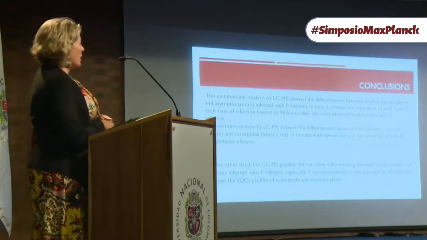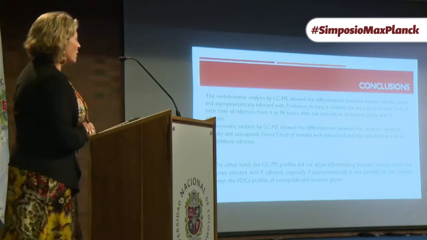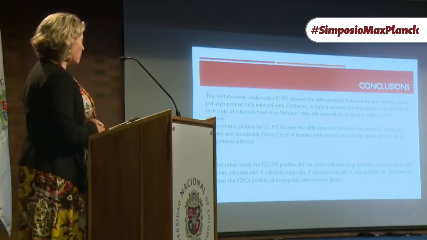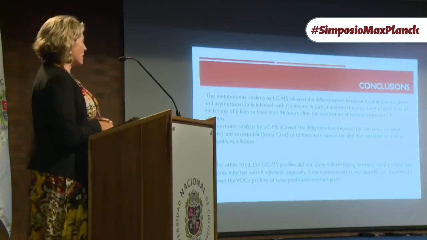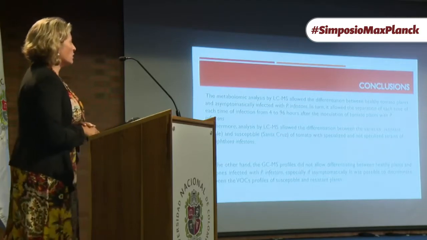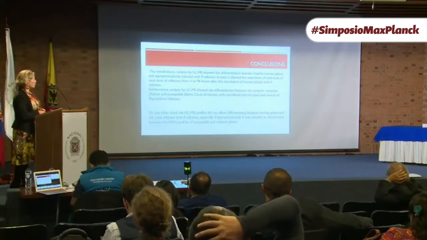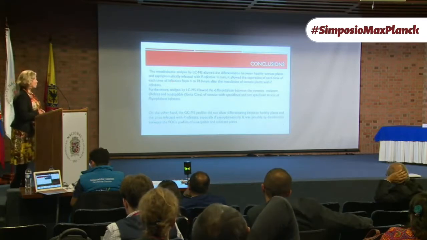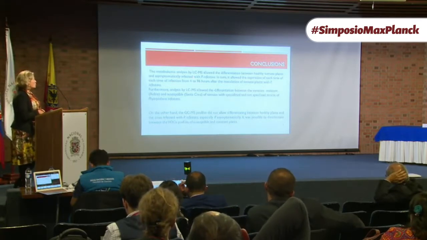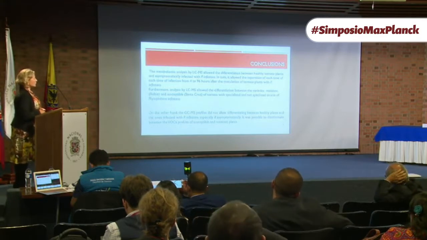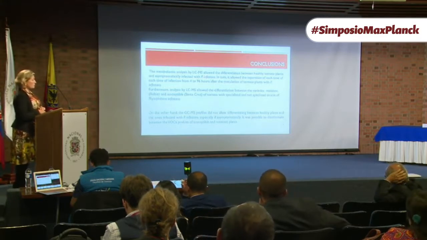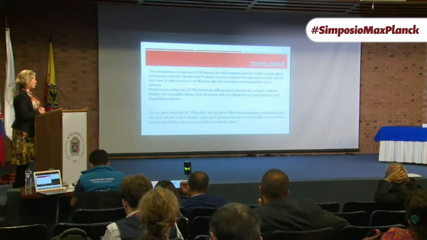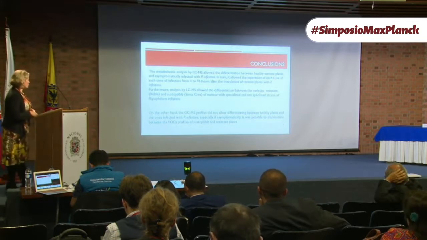So, as conclusions to this work, the analysis by LCMS allowed us to differentiate between healthy tomato plants and asymptomatically infected ones. So we were able to identify some potential biomarkers of the early infection.